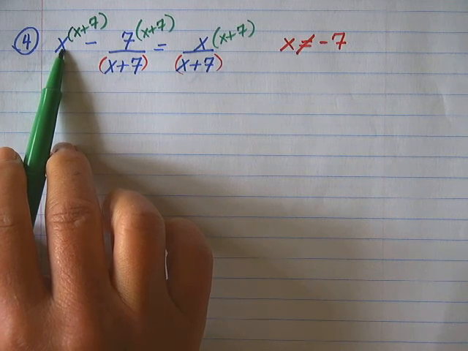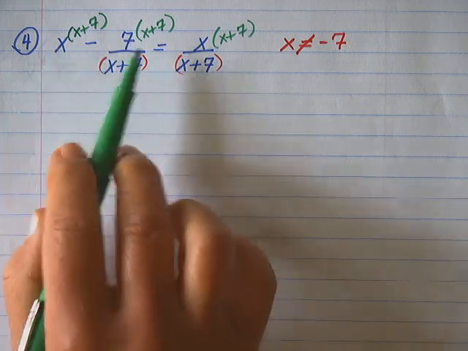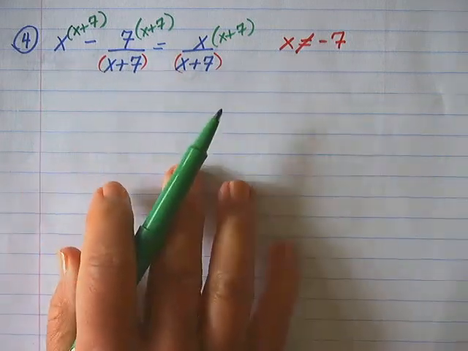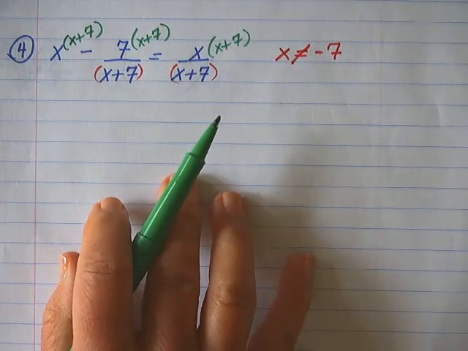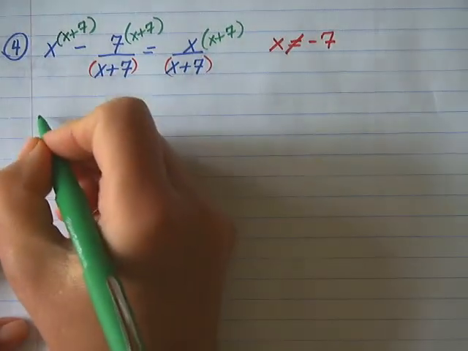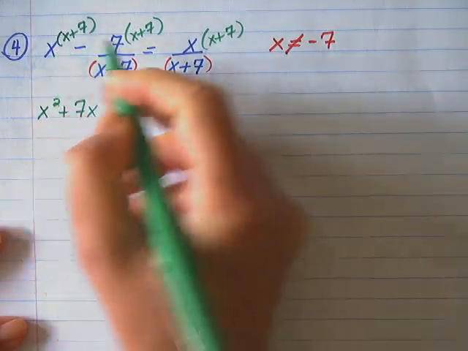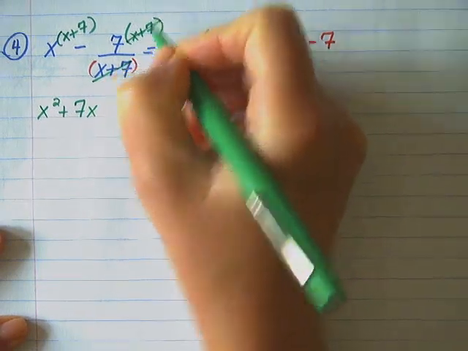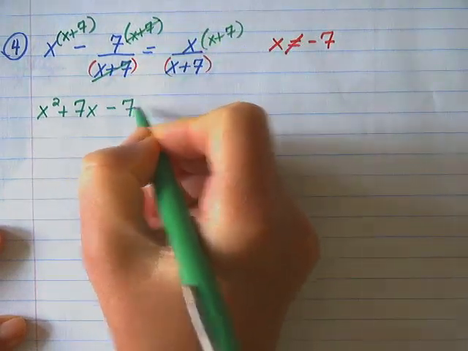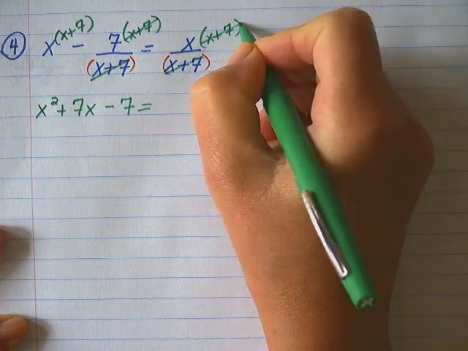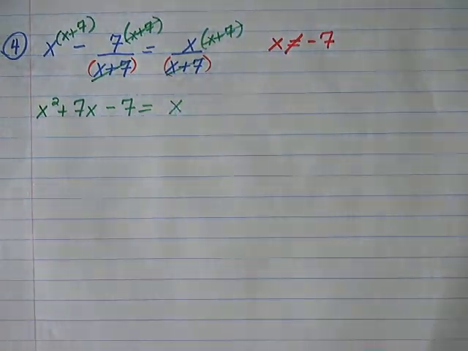We will not get the right answer here. So it's really important that you remember to multiply everything by that x plus 7. Okay, here we go. This gives me x squared plus 7x for the first term. These cancel. That was our goal. Minus 7 equals, these cancel, x.